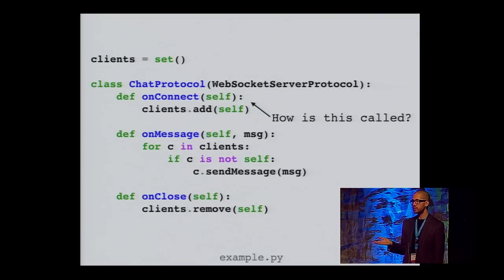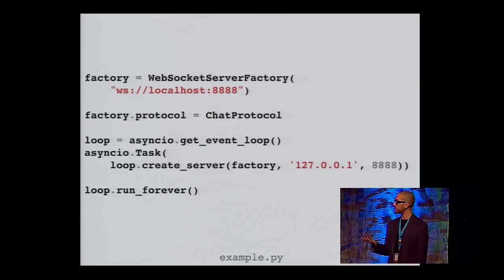So the first phase is we need to create a server and start listening on a socket. So that happens down here at the bottom of the example code. So we create the protocol factory. We tell it what kind of protocol to instantiate.